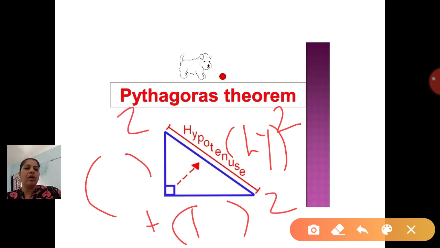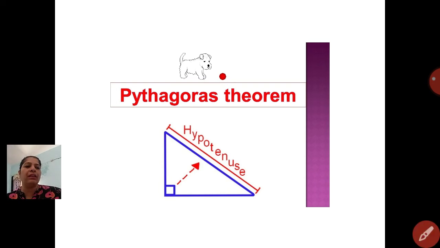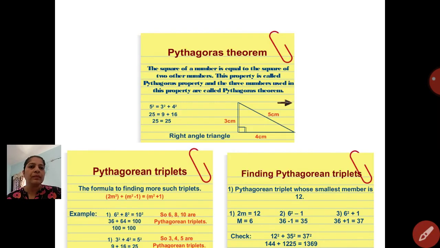One will be called the base, whereas the other can be called the height. The square of the hypotenuse equals the sum of the squares of the base and the height. With the help of this Pythagoras theorem, we have seen Pythagorean triplets. What is the Pythagoras theorem? The square of a number is equal to the sum of the squares of two other numbers. This property is called the Pythagoras property, and the theorem is called the Pythagoras theorem.